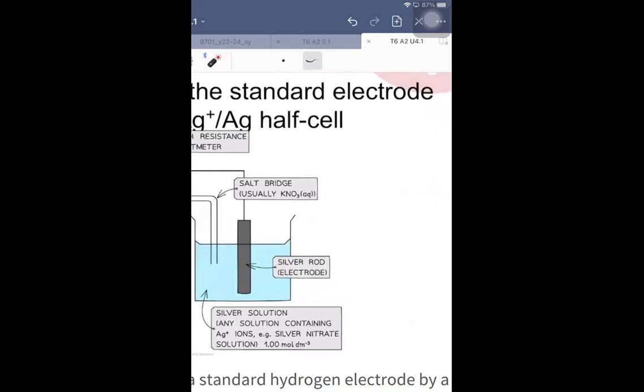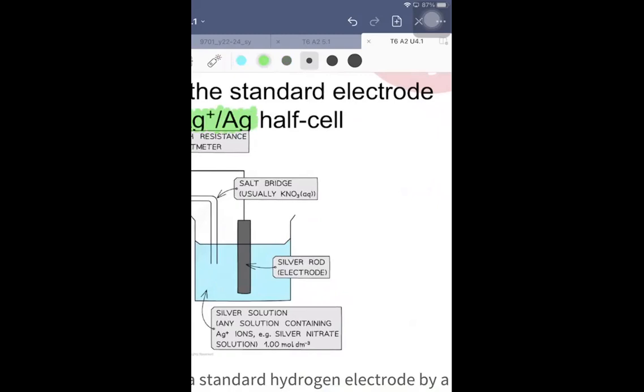This is now on page 10 of your notes. Okay, so there's a typo in your notes. It says example 1, to measure the standard electrode potential E note for zinc 2 plus zinc half cell. Change that into Ag plus and Ag half cell.